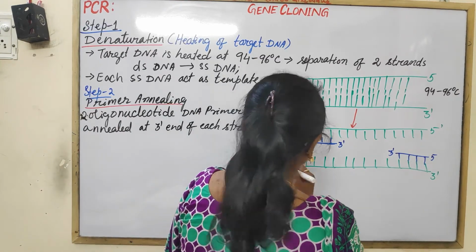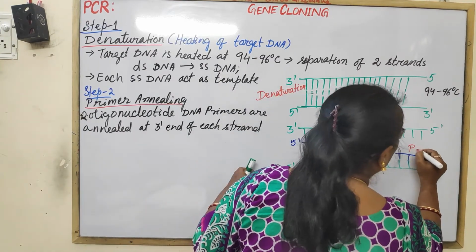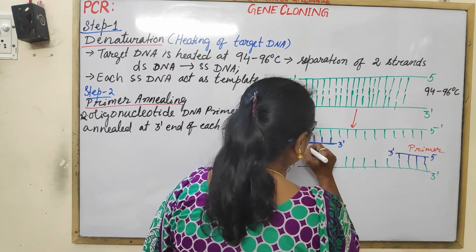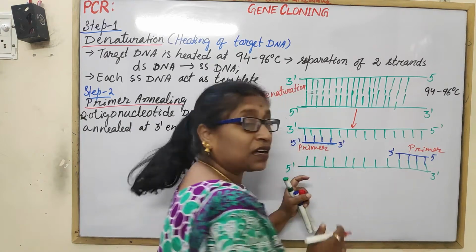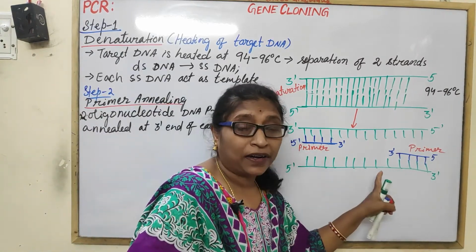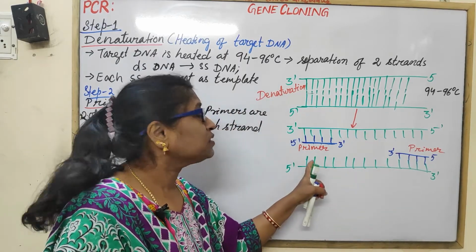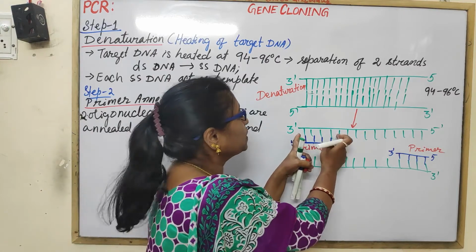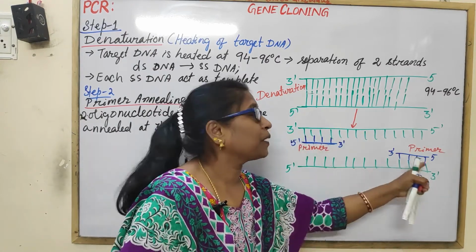Here one primer, here one primer. Two primers are annealed at the 3 prime end of each strand because these are complementary to the nucleotide sequence present at the 3 prime ends.